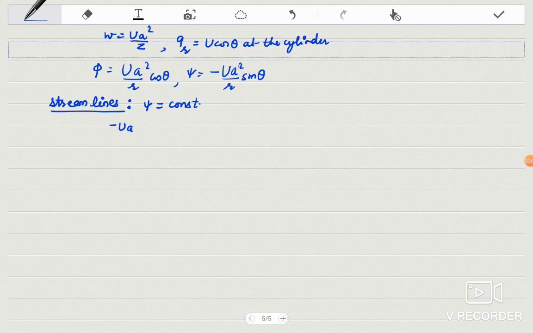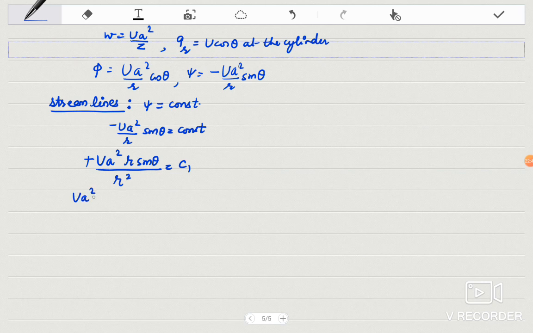It means u a square upon r sin theta is constant. I take it to be minus u a square. You may ignore this minus also with the help of this constant. You may take u a square r sin theta upon r square is equal to, let it be C1.